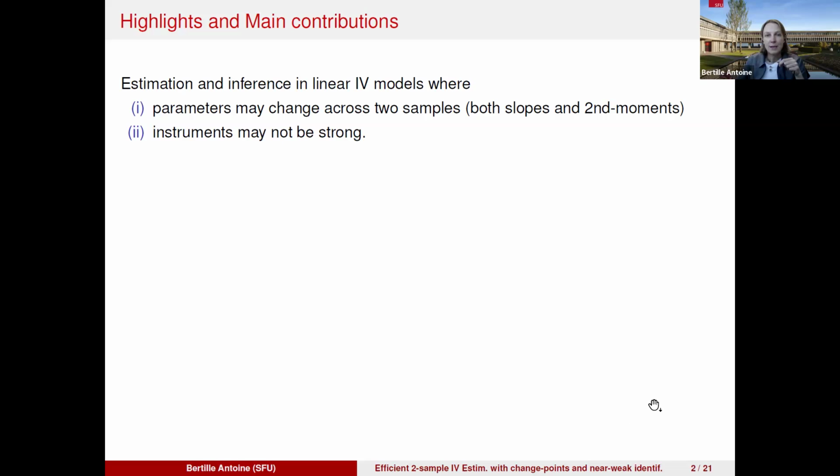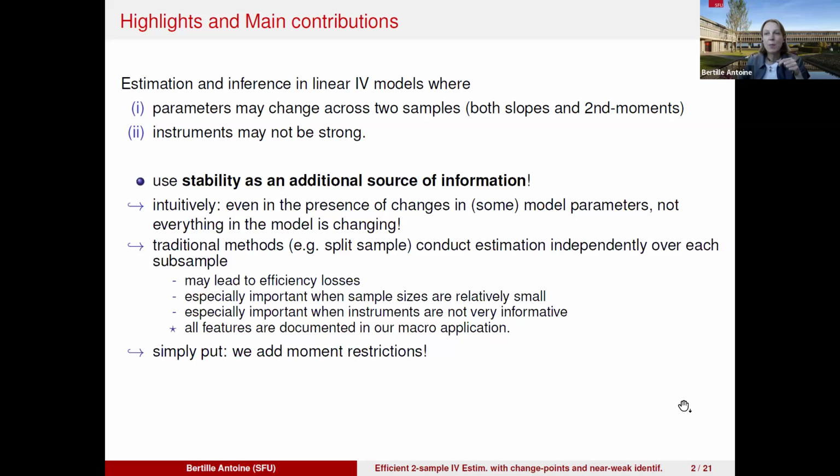So in this framework, our main insight is that we are proposing to use stability in the parts of the models that are not changing as an additional source of information. Traditionally, when there is an abrupt change in part of the model, what has been done in many applied work is to split the sample and then to conduct estimation and inference in both parts separately.